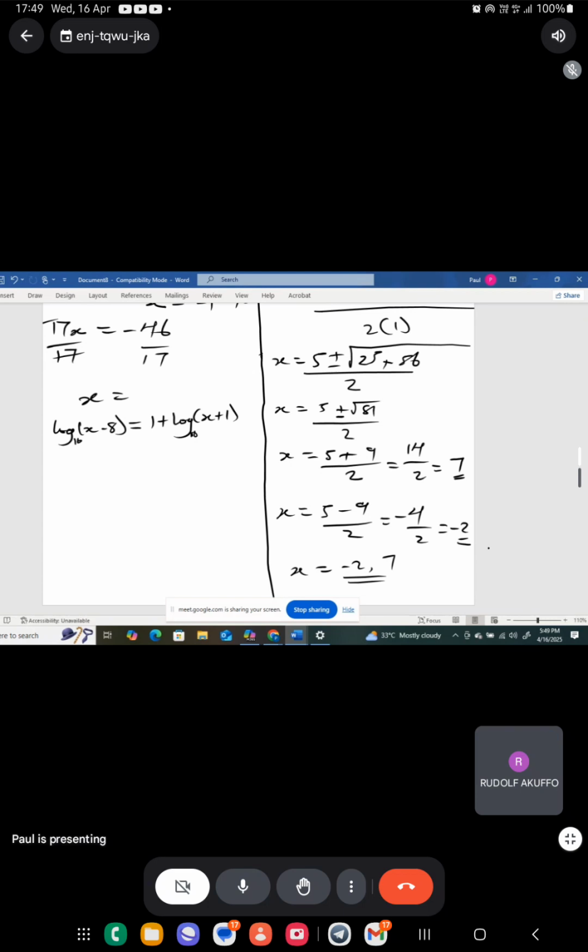So this is what you do. First of all, you have to transform the logs to the same side. So you get log 10 of (x minus 8) minus log 10 of (x plus 1) being equal to 1. So what do we do now?